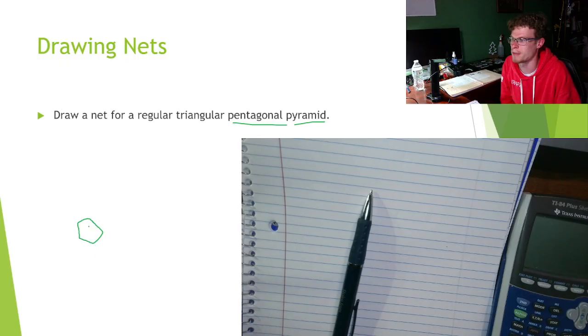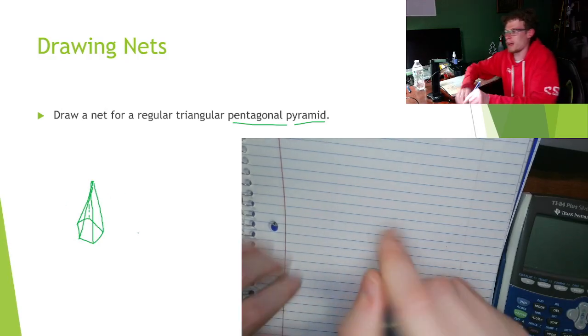This is my pentagon. And if it's a pyramid, that means the edges coming off of the base will meet at a single point at the top. So let's draw that. And then you have this one in the back that's a little bit hidden that makes your pentagonal pyramid. So there's your pentagonal pyramid.